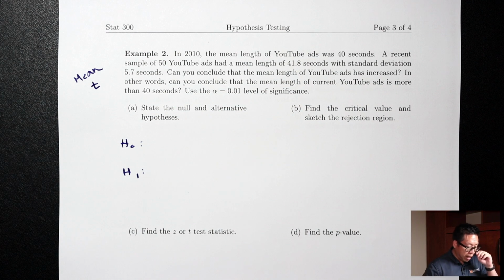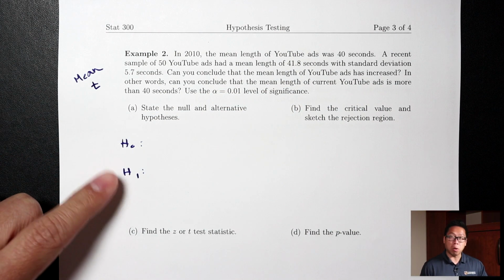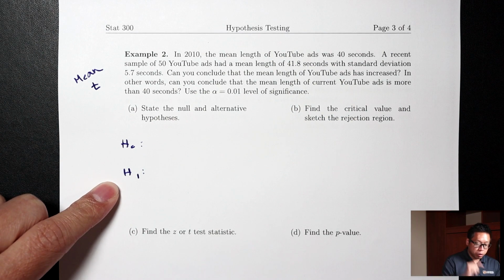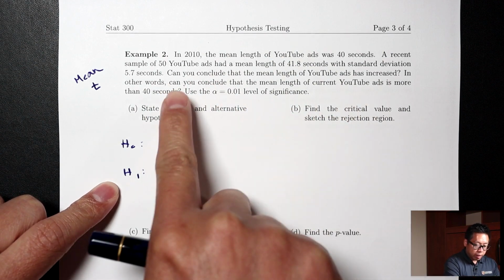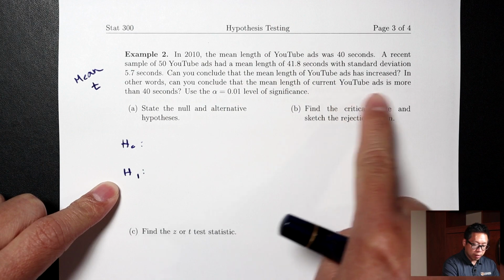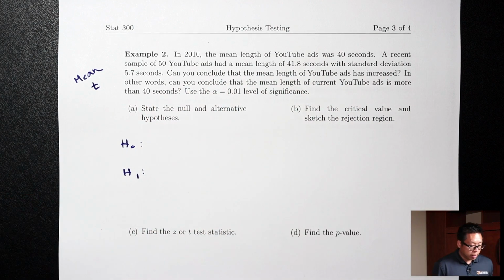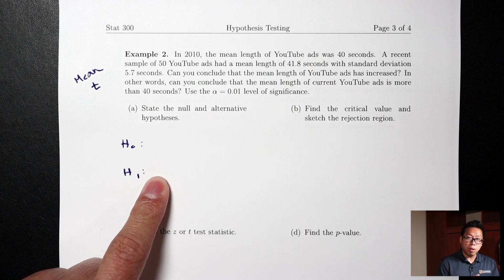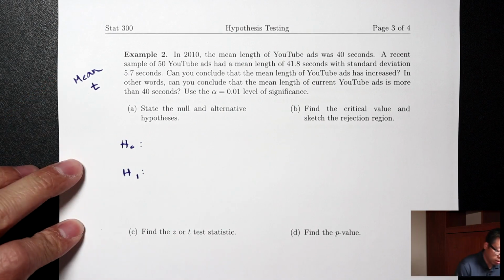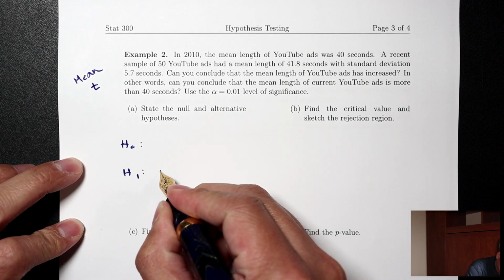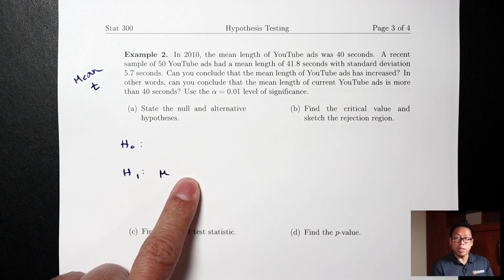Okay, so back to H0, H1. I usually start with H1. H1 usually is going to come from your question. Can you conclude that the mean length is more than 40? So we're going to translate that into symbols. The symbol that you're going to start with is either going to be p for proportion or mu for mean. Since we're talking about means, the symbol is going to be mu. And then it will either be a less than, greater than, or not equals.